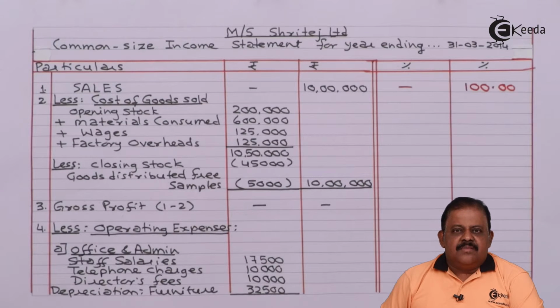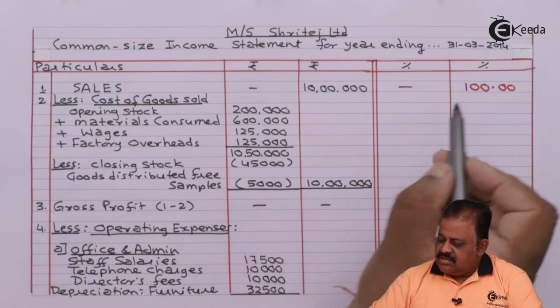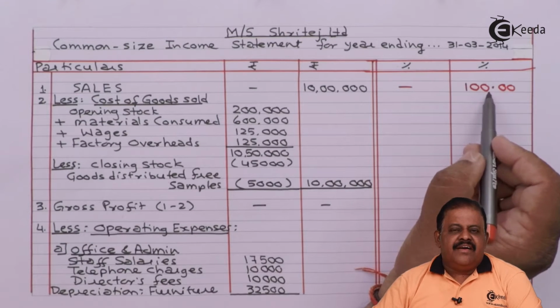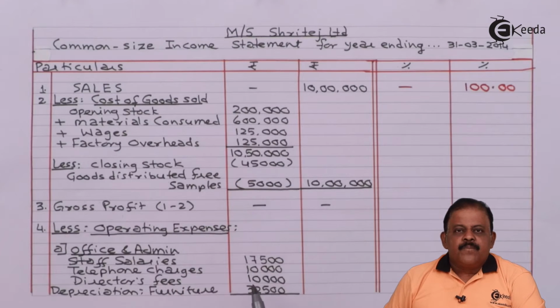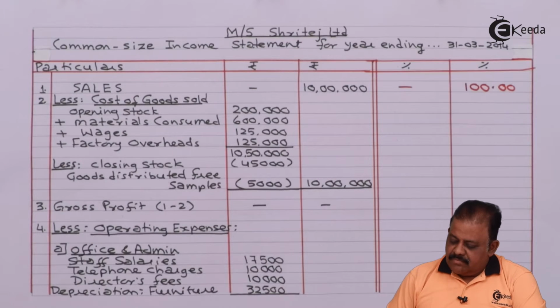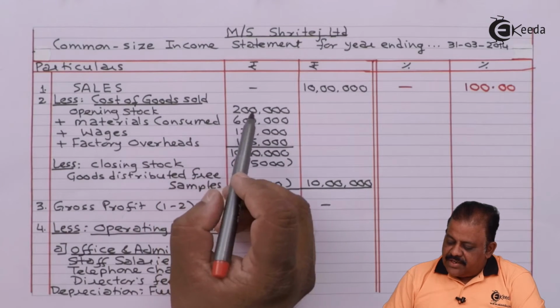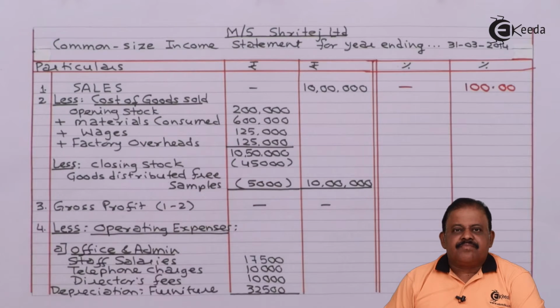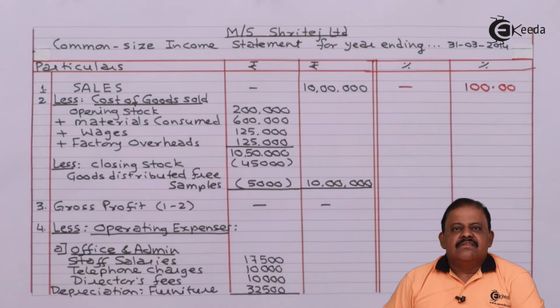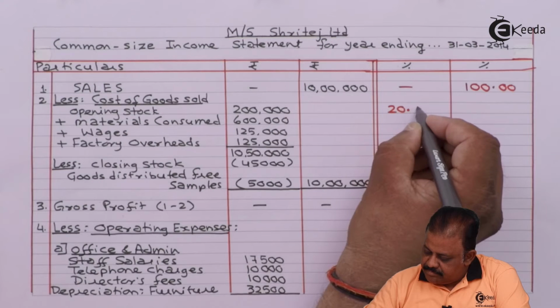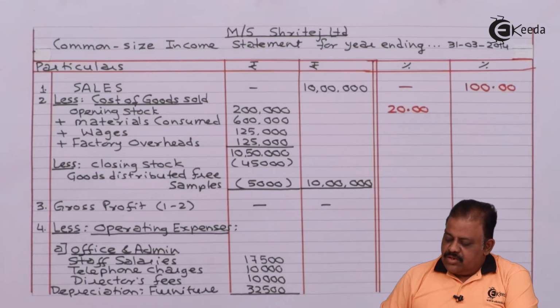For common size income statement, it is taken as 100%. Each value in income statement will be now converted into this percentage. The method is very simple. Say for example, we are starting with opening stock 2 lakhs. 2 lakhs divided by 10 lakhs multiplied by 100. So it is 20%.